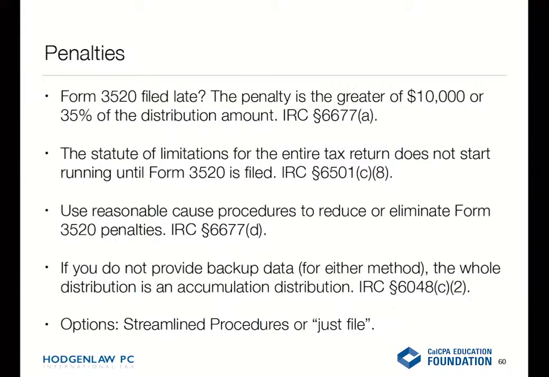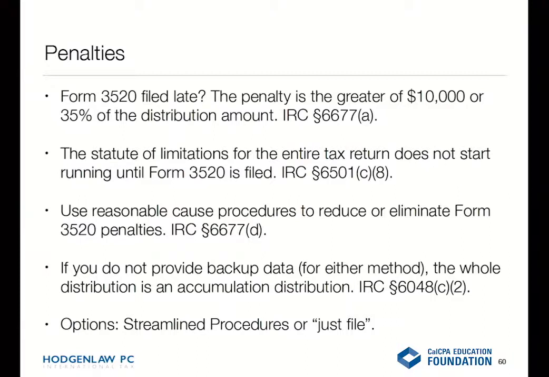The trustee probably didn't give them a beneficiary statement because the trustee didn't know that they would have needed to. So you get a client where you find out that they have a foreign trust, they received distributions in prior years, and if they file a Form 3520 now, it's going to be filed late.